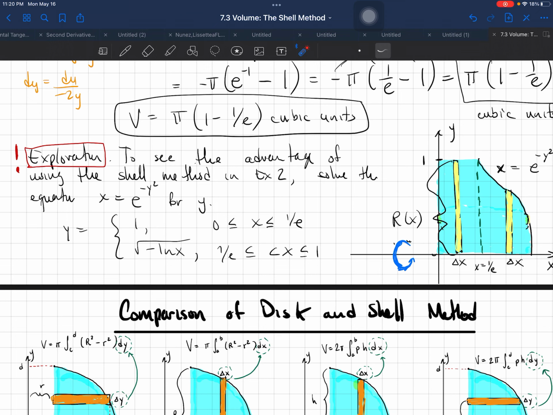And we would have to actually create two integrals and add them together to find the volume, right?